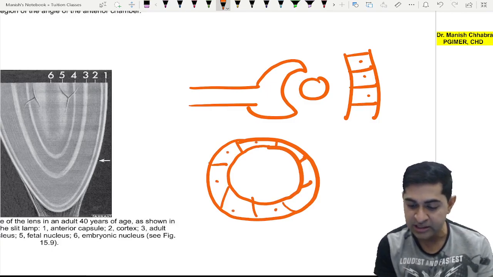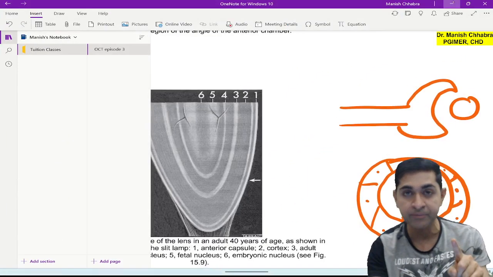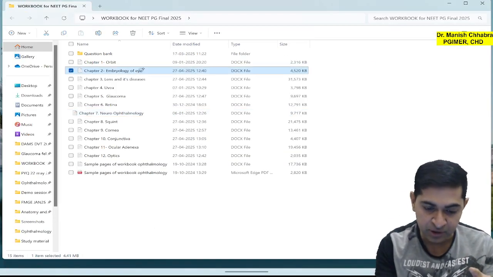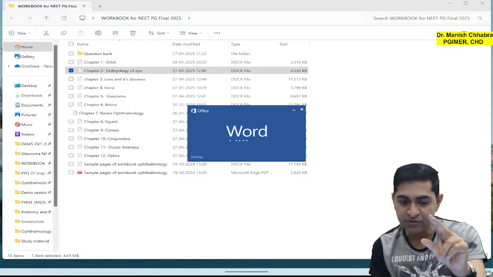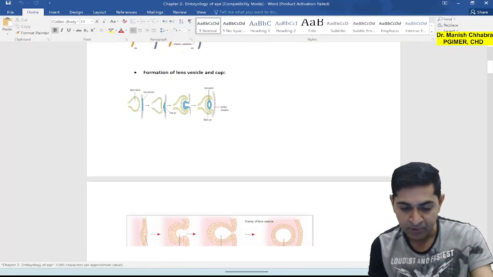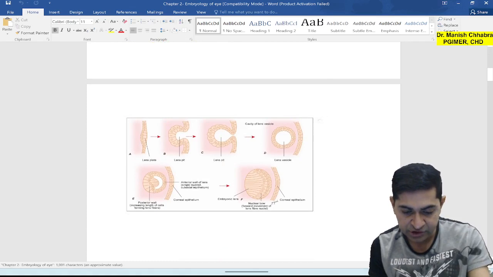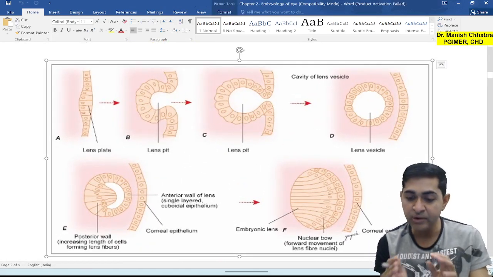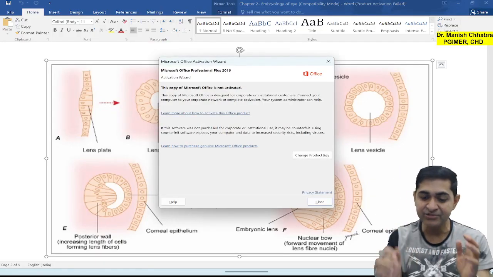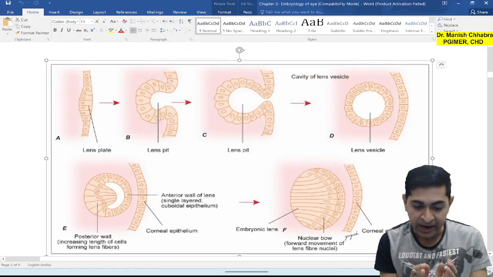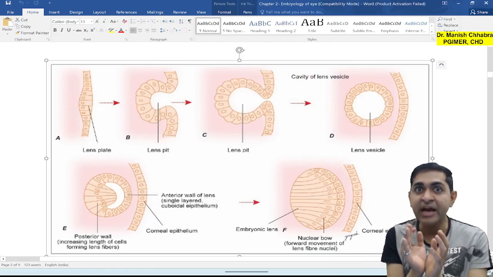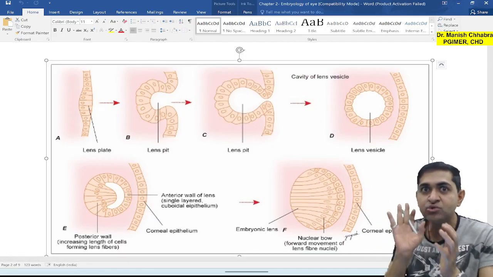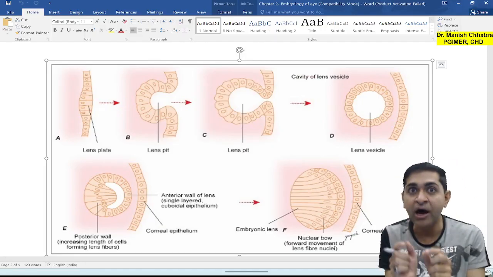So this is a single cellular structure. Just give me a second, I'll show you something so that it becomes easy for you to connect the dots. Okay, check this out. Can you appreciate that there is the lens vesicle, and in due course there is movement of the posterior cells anteriorly.